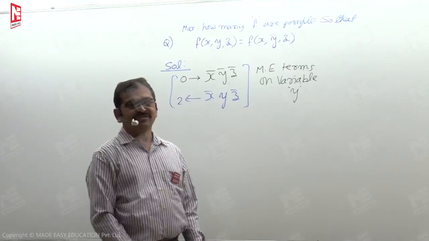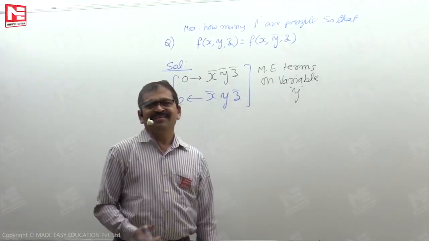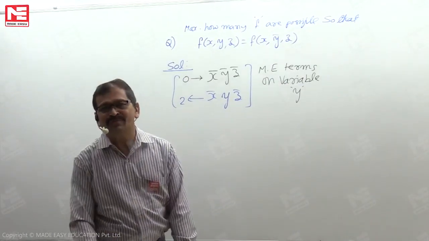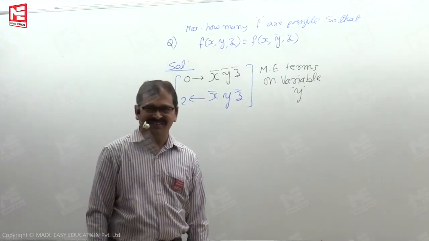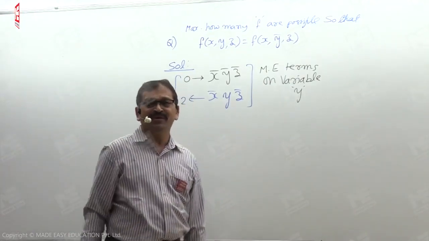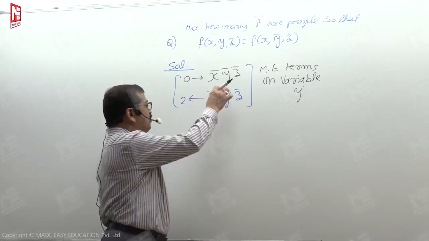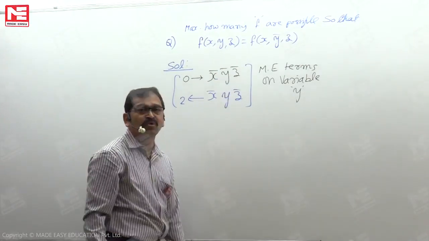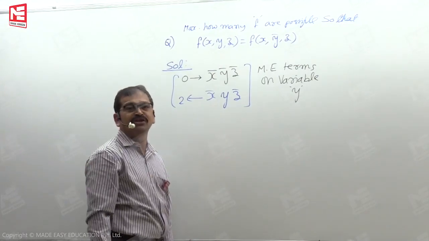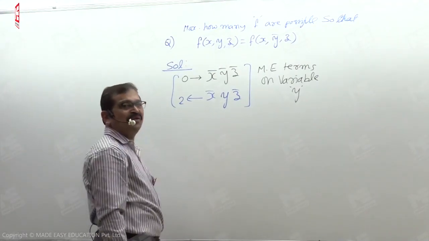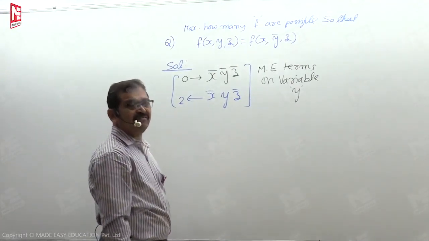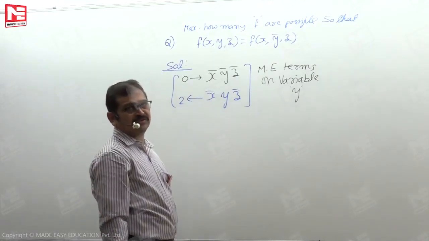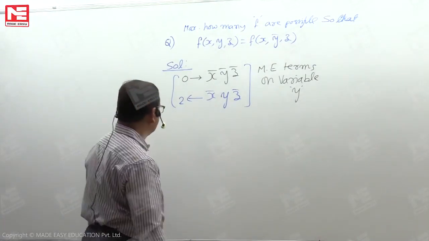There, they were mutual exclusive terms on all 3 variables x, y and z. But here, while taking the complement on the literal y bar, they are mutual exclusive terms only with respect to a single variable, that is y.